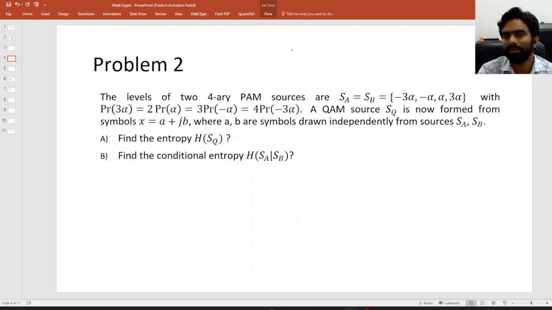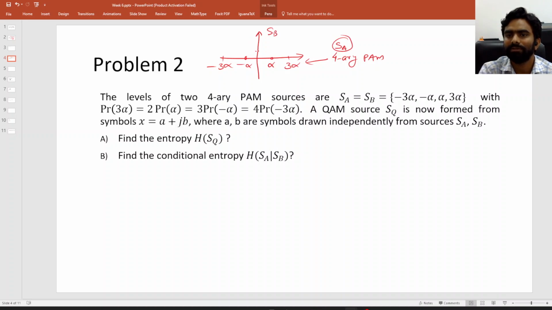So it is given that two PAM sources are given. That is nothing but minus 3 alpha, minus alpha, alpha, 3 alpha. That is one PAM source, 4-array PAM. That will be SA, and the second one is SB.